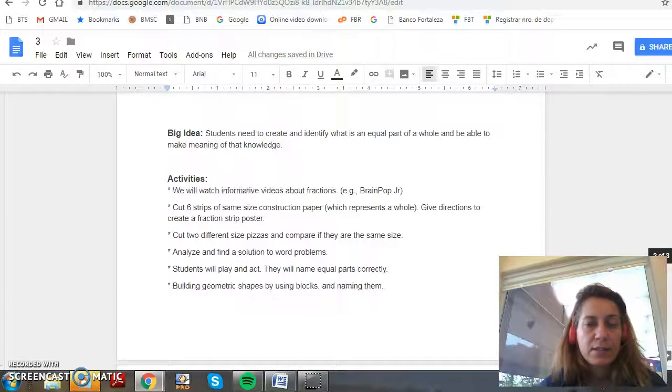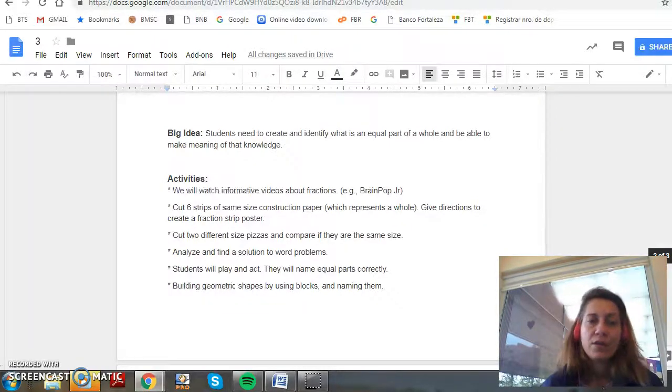The activities for that: we're going to first introduce the unit, of course, and talk about it, and then I'm going to show them videos about fractions. We're going to do an activity with strips of the same size construction paper, cutting the strips and giving directions to create a fraction strip poster.